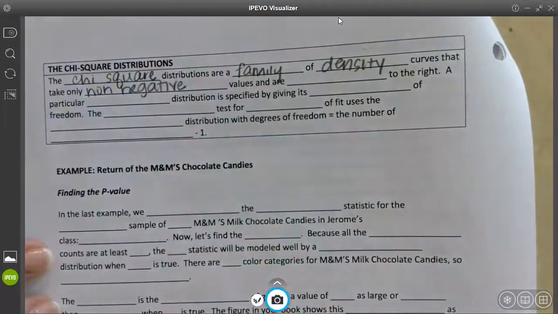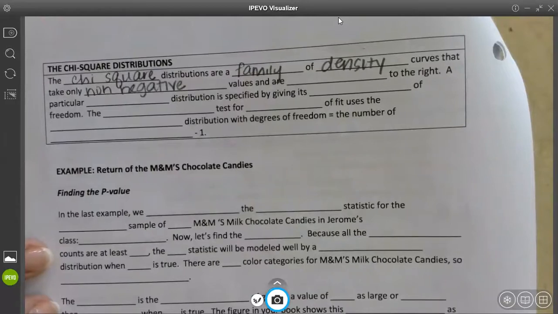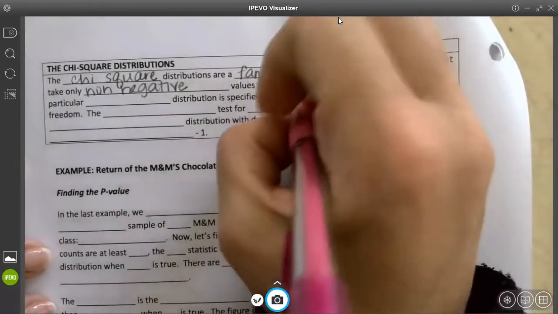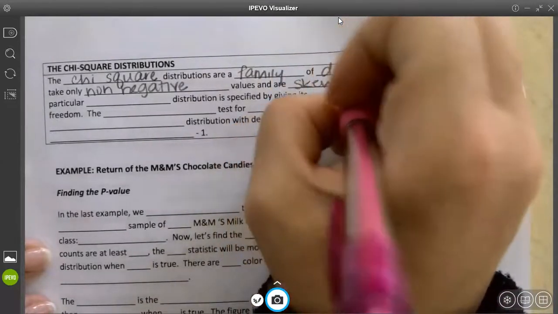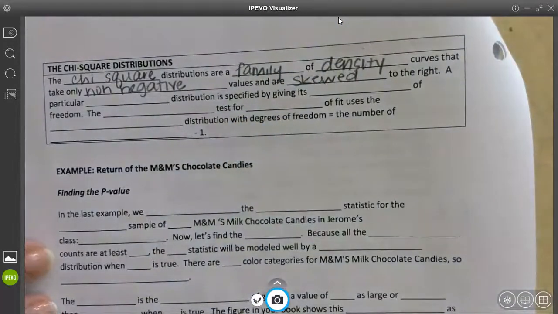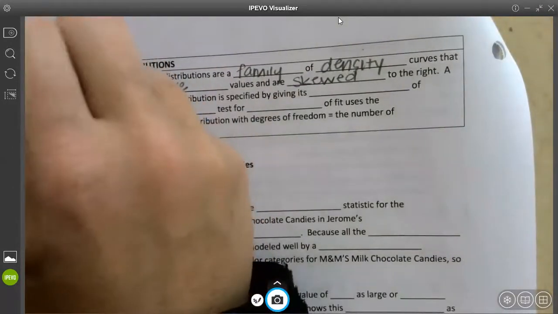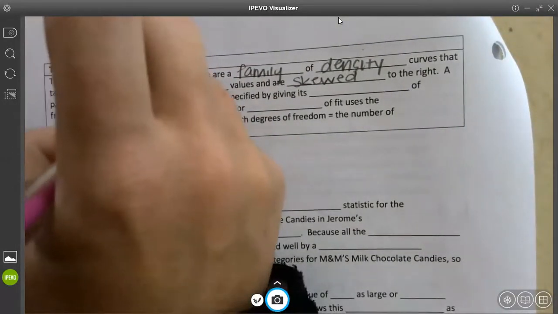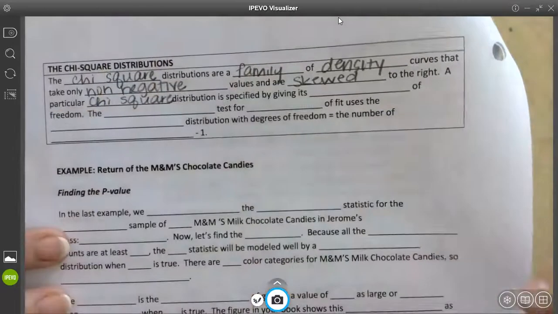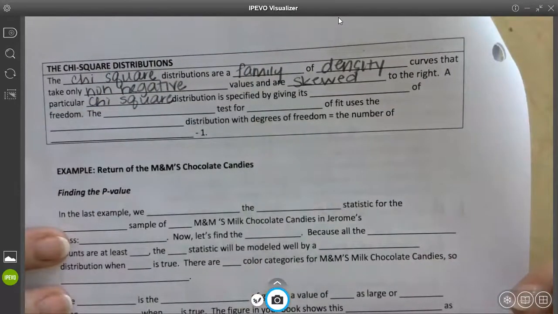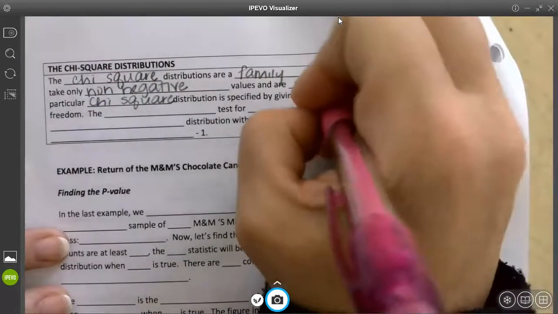If we think about our chi-square value, we square it so that it's not negative. Okay, so that's why the square's in there. And they are skewed to the right. A particular chi-square distribution is specified by giving its degrees of freedom.